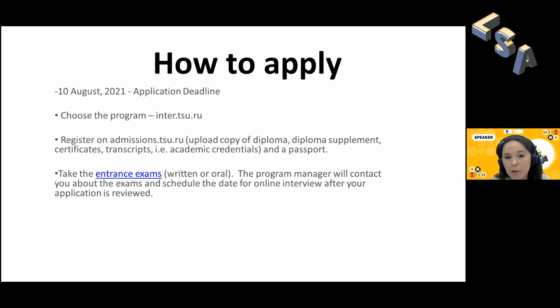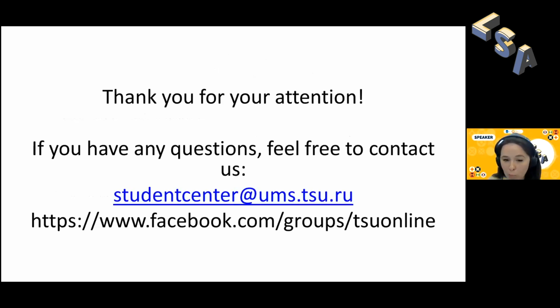As for summer and winter schools, the application period is still open. So you are welcome to participate in those programs, and I hope to see some of you at our online versions of these summer and winter school programs. Thank you.